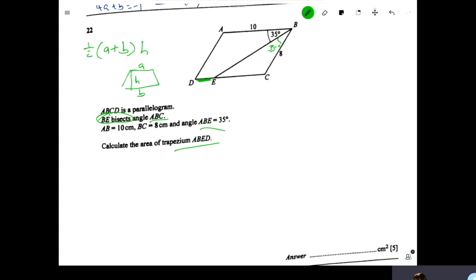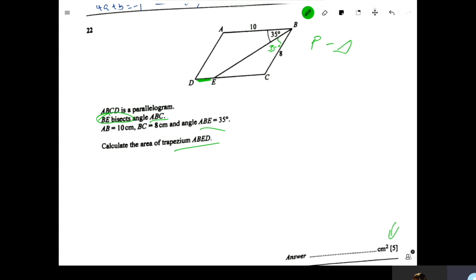Another way to find this, if I don't want to use the trapezium formula, is I can take the area of the parallelogram minus the triangle. The area of the parallelogram, take away the area of the triangle. I can find that as well. Okay, so let's see how we can solve this. Now this is 5 marks, so it's not as easy as it seems.